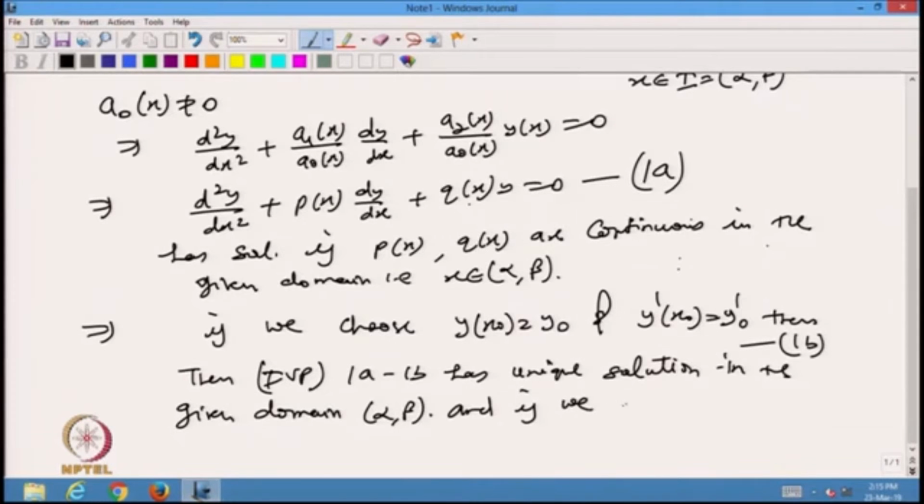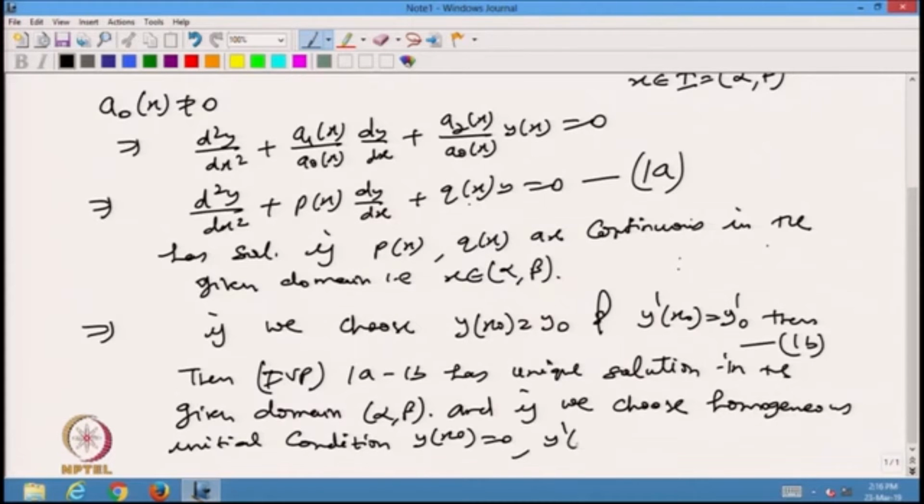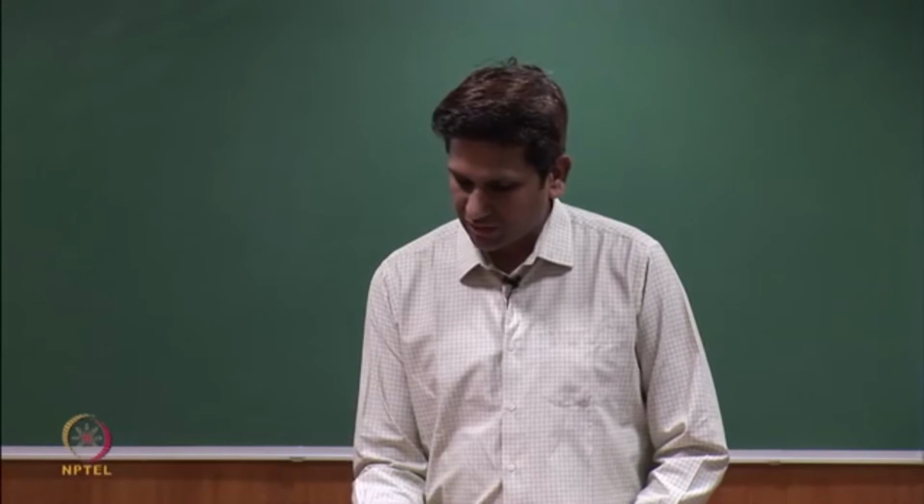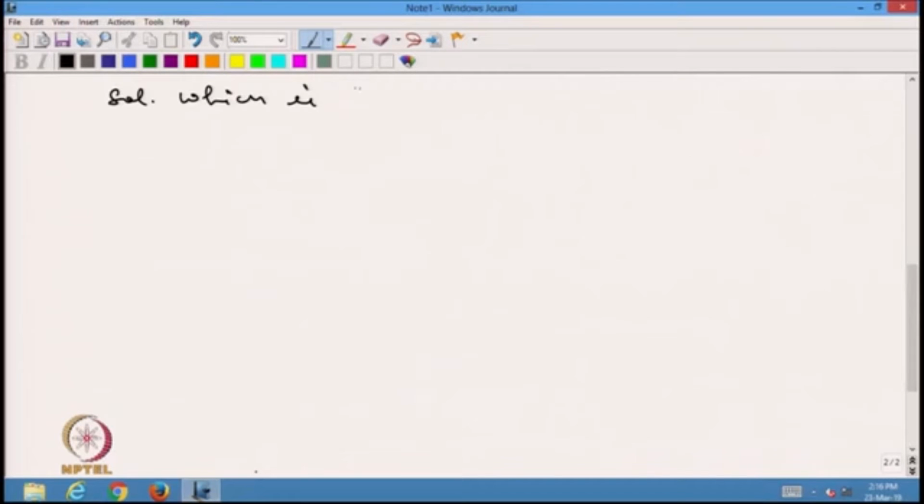And if we choose homogeneous initial conditions, that is y at x naught equal to 0 and y dash at x naught equal to 0, then this equation has a solution which is identically equal to 0.